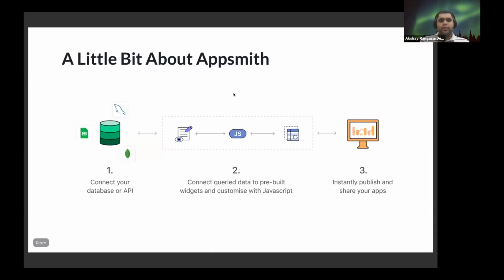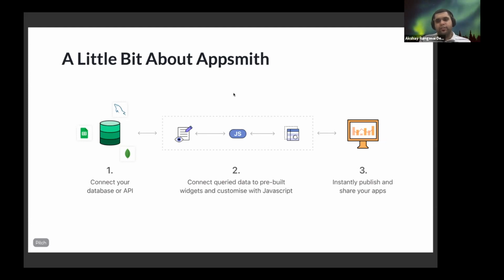So what is Appsmith? This graphic is essentially self-explanatory. We have a ton of integrations with data sources: Google Sheets, and we just released Snowflake DB. So if you need something to connect to Snowflake, you can just spin up an Appsmith instance and write a query. You pass that data to our widgets, where we have a UI builder using widgets.